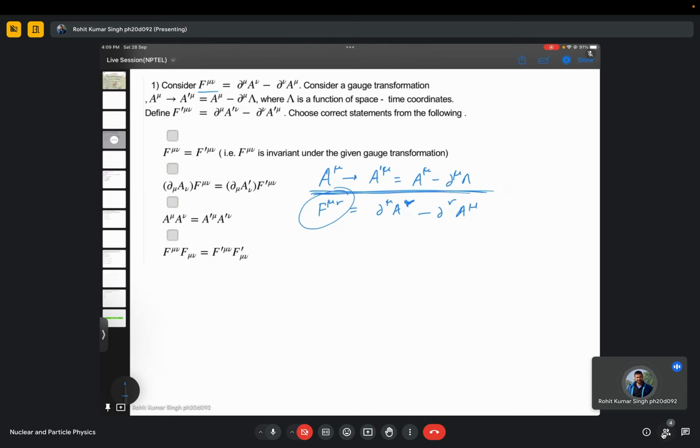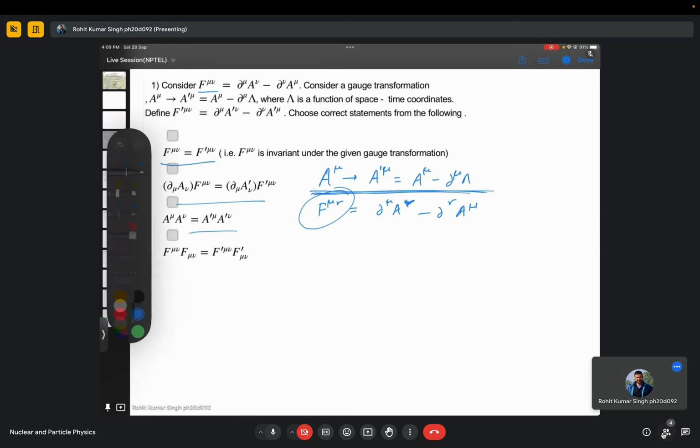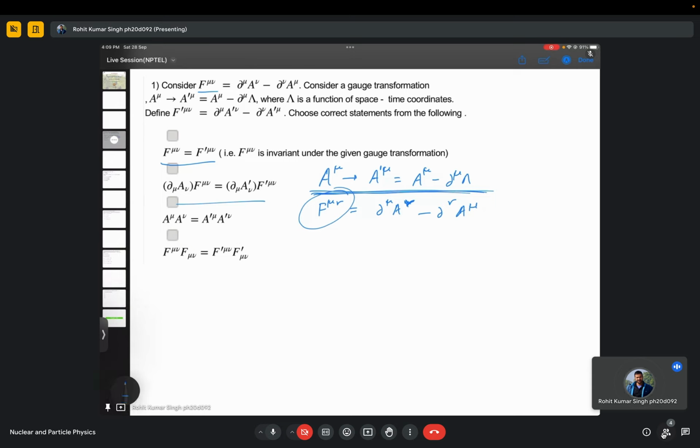One thing you will notice is that all of these options involve the field strength tensor. So we have to first see what happens to the field strength tensor under this transformation.